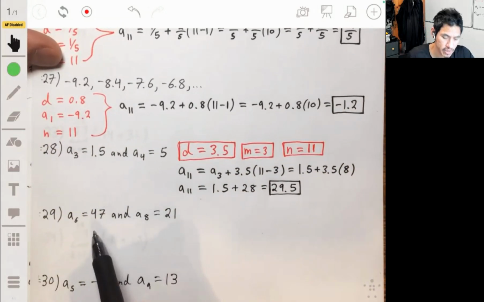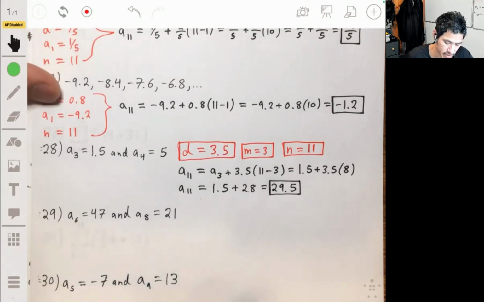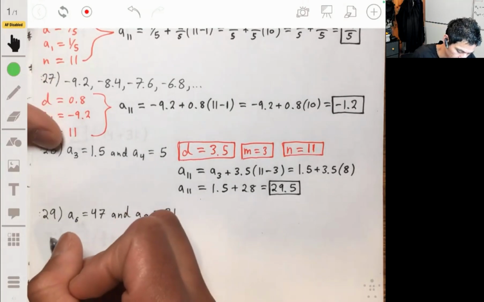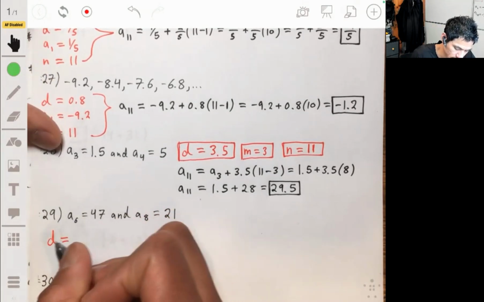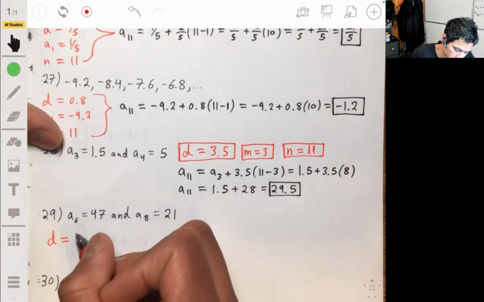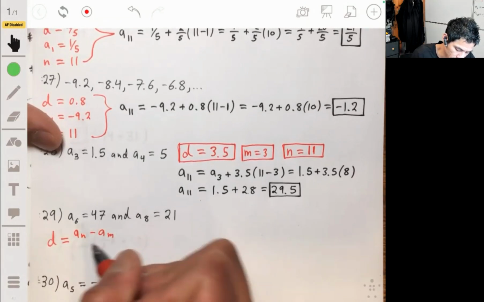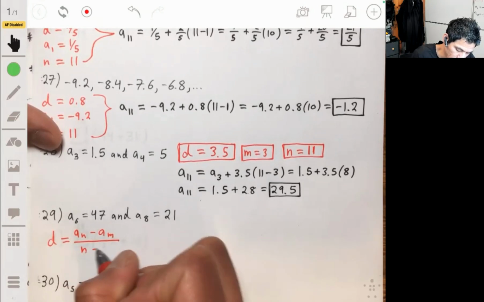Number 29, we're given A6 and A8. So then here I give my students another equation to find the common difference, which is that the common difference is going to be equal to an minus am over n minus m.